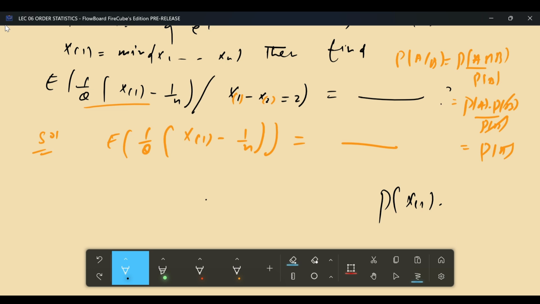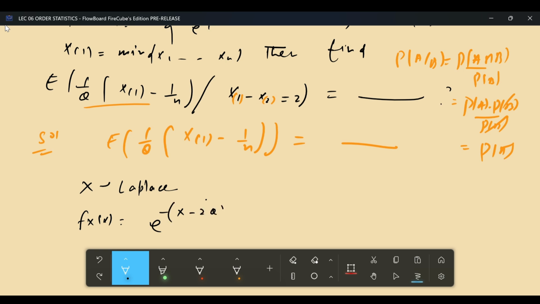So now x follows a shifted exponential distribution, where f of x is equal to e raised to the power minus (x minus 2 theta). From here, as you know, x minus 2 theta will follow exponential.